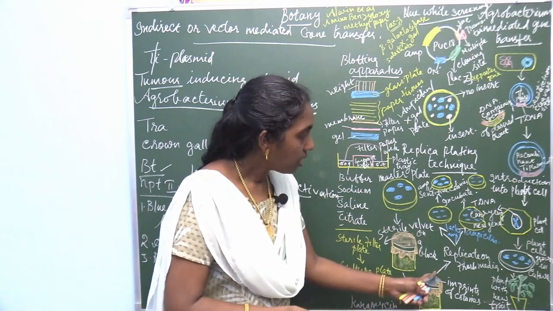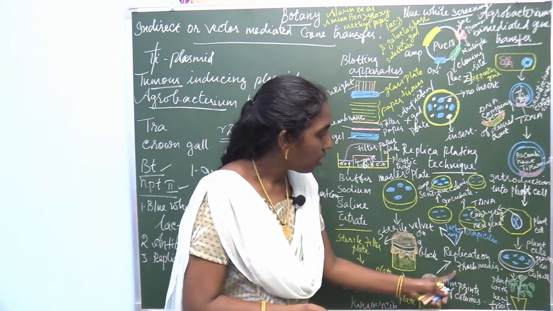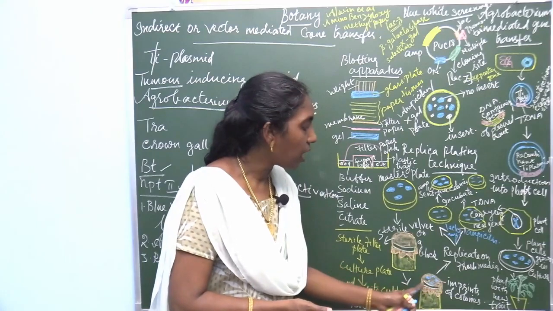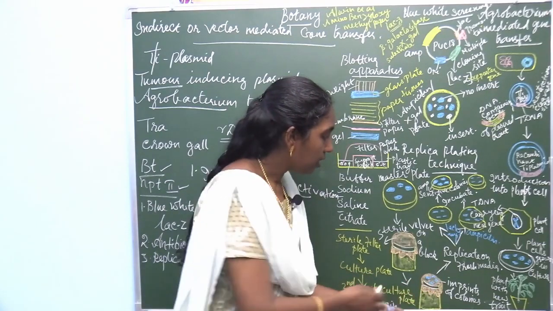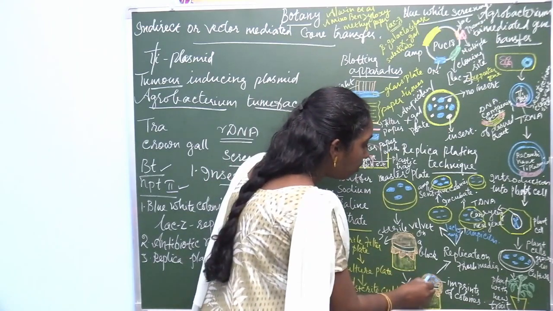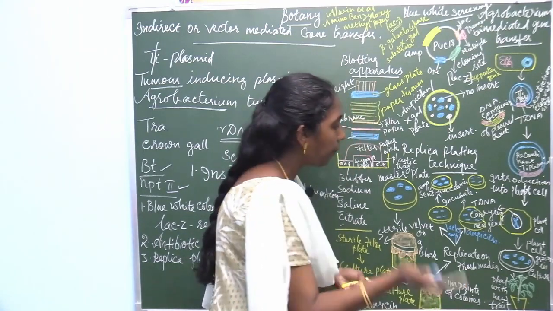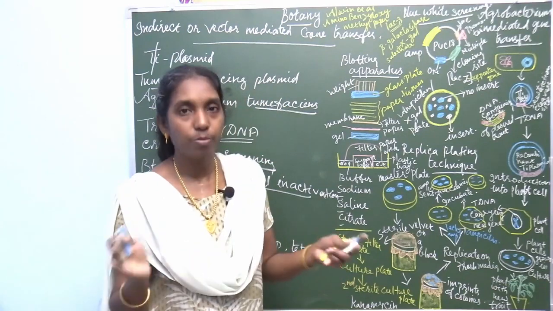Now these are replicated on fresh media. These colonies, this blue color, are allowed to replicate in fresh media.